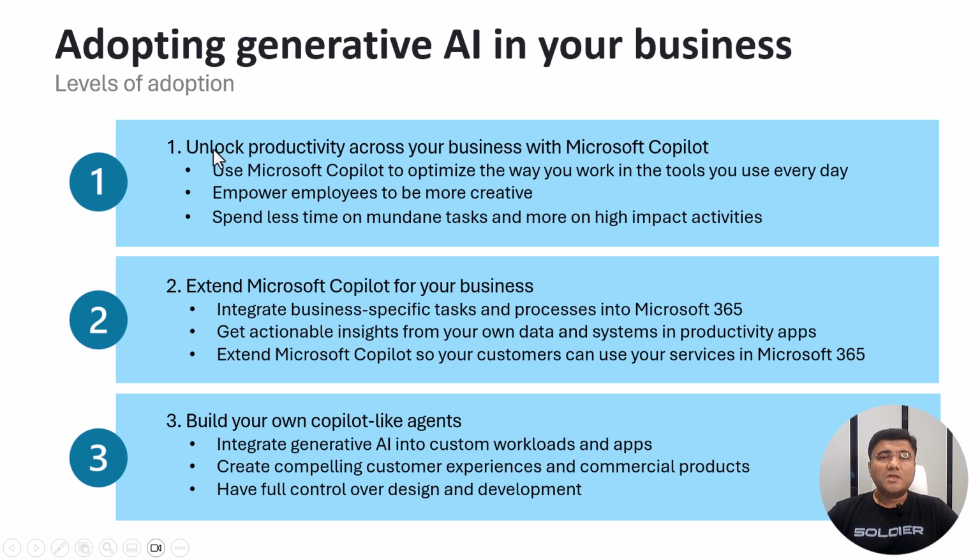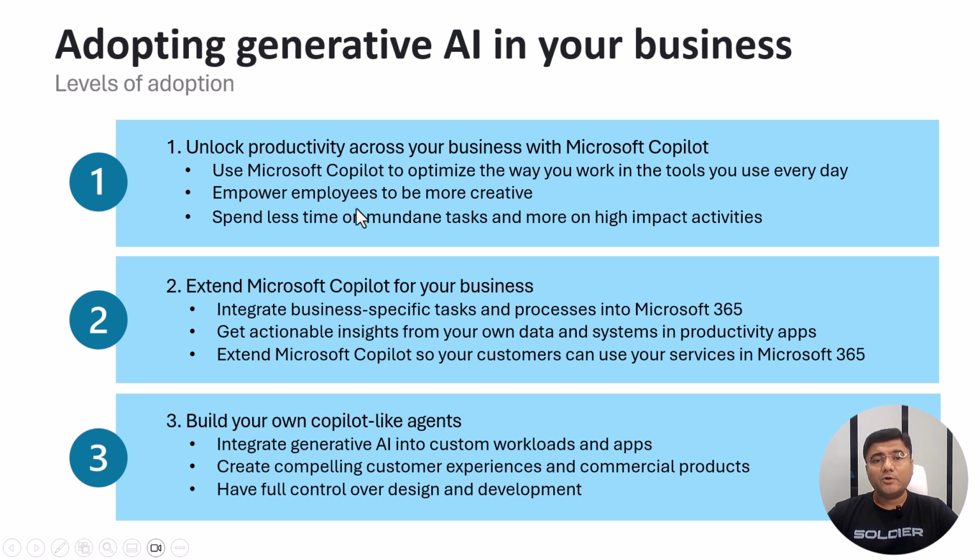Now, obviously, the first level of adoption is that you can use Microsoft Copilot, kind of off-the-shelf generative AI applications, in your organization. In this case, you don't need to worry about model training. You don't need to worry about customization. You can use Microsoft Copilot to optimize the way you work in your tools with your day-to-day work.